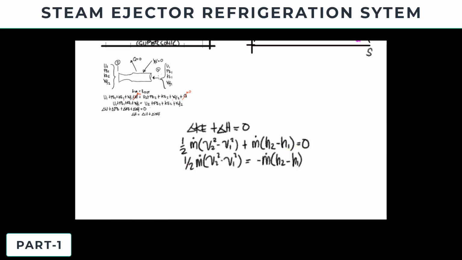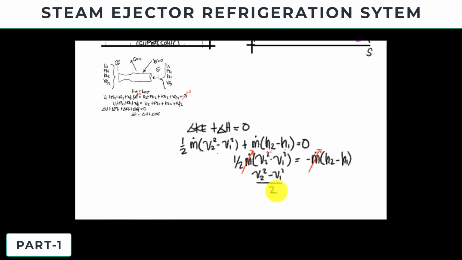We can cancel the mass flow rate here, and rewrite the equation as velocity 2 squared minus velocity 1 squared, all over 2, which is equal to enthalpy 1 minus enthalpy 2.